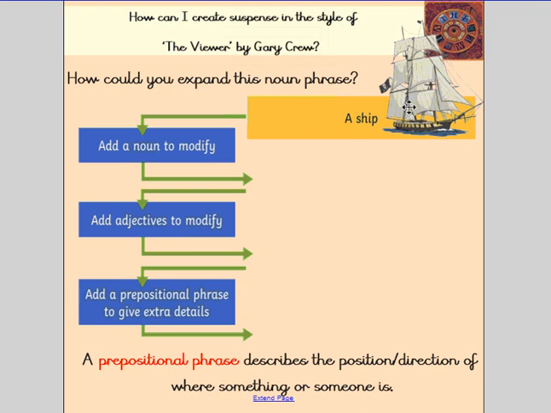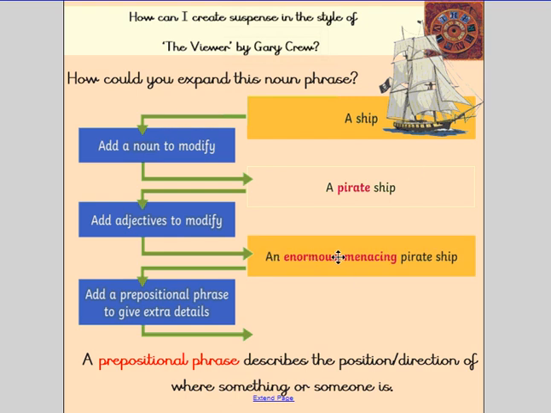So let's take an example. If we start with our noun, the noun in this one is the ship. Okay, so a ship. We've added a pirate ship. So we've added another noun to give us more detail. Then we've added some adjectives. An enormous menacing pirate ship.